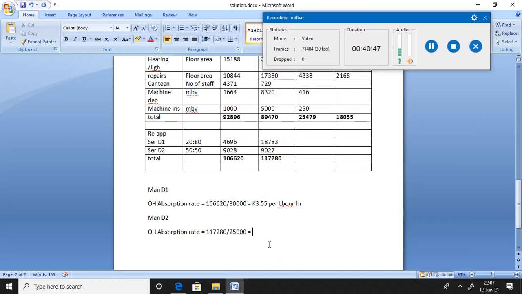That will give us 4.69 per machine hour.